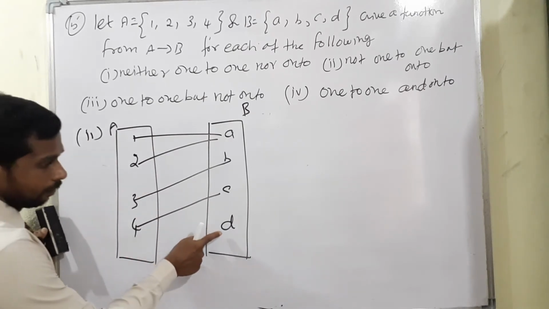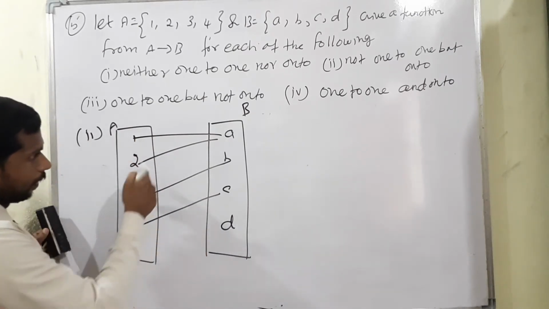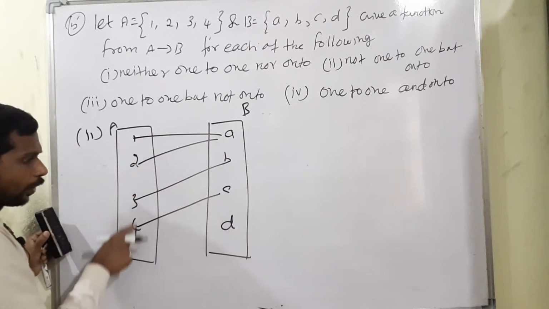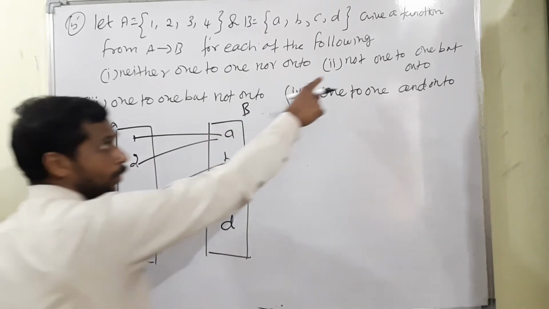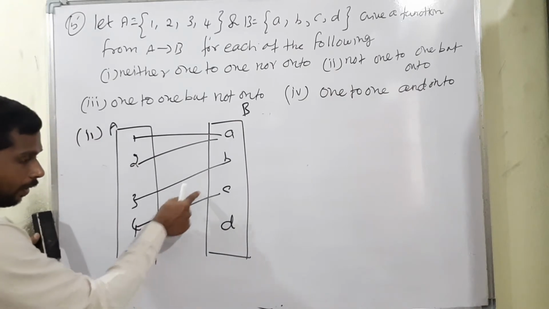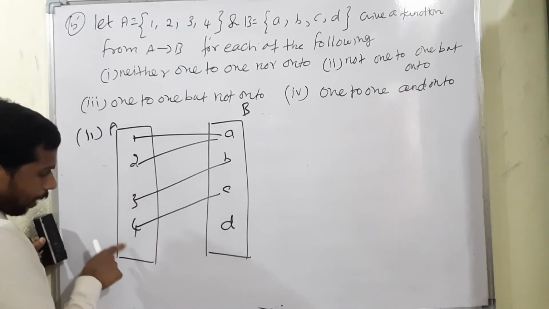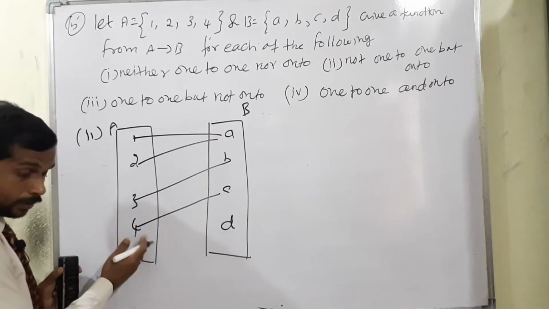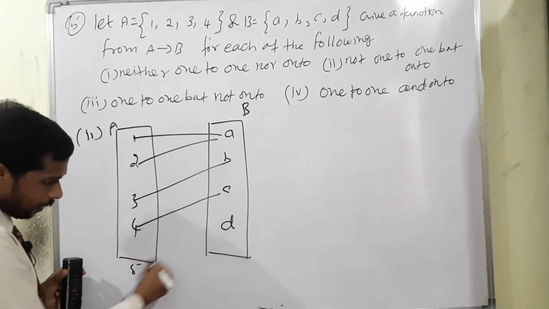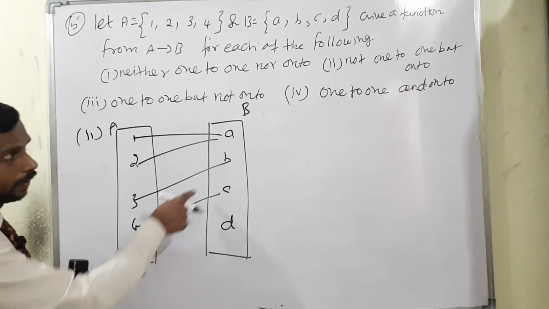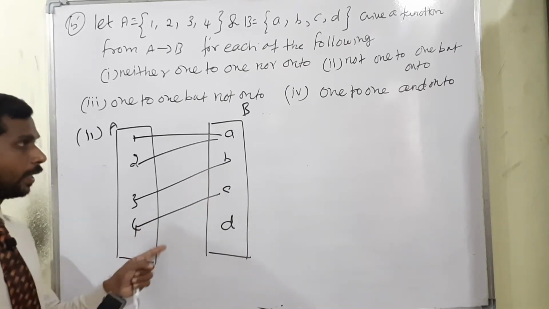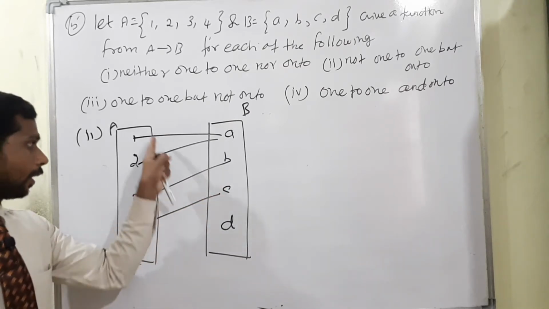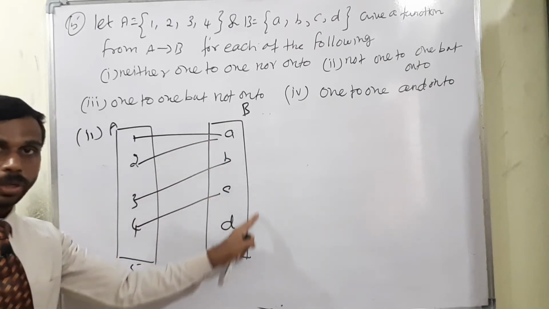Here there are only 1, 2, 3, 4 in the set. To show it is not onto, you would need more elements in set A. For example, if you write a 5 and D maps to 5, then we could say it is not onto. So why is it not possible? The number of elements in the domain is equal to the number in the codomain.